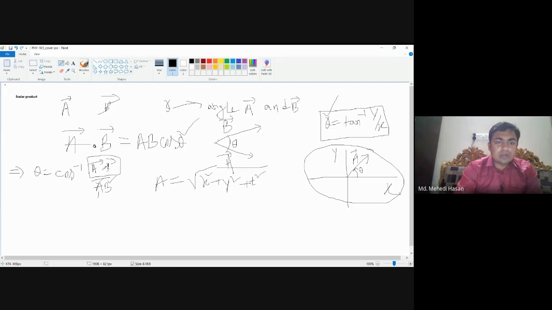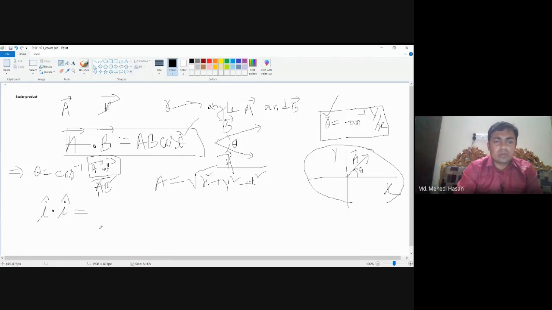Now how can we find the dot product of two vectors? Before that, I have to find the dot product of two unit vectors. If we consider two similar unit vectors, I and I, then in the case of I dot I, we follow the formula.